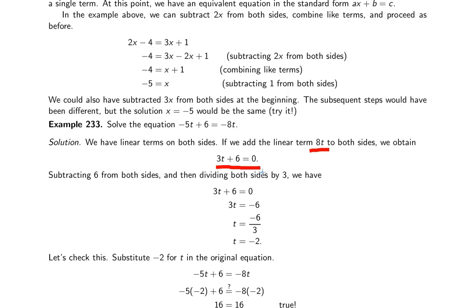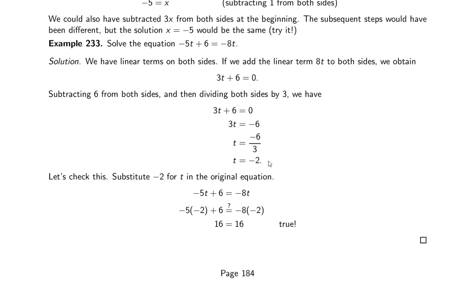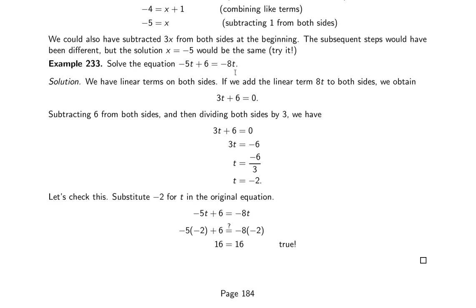Those cancel. Alright, then subtract 6 from both sides and divide by 3. So t is equal to negative 2. And this checks out. 16 equals 16. And we're checking back in the original equation.